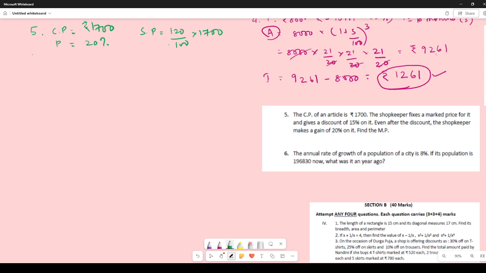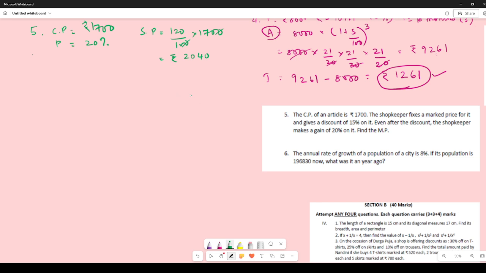That is how we find the SP. So the SP will be written as rupees 2040. 120 into 17, that makes it rupees 2040.